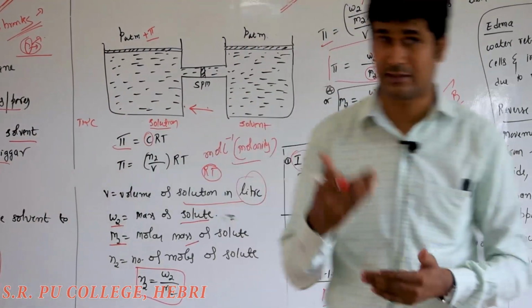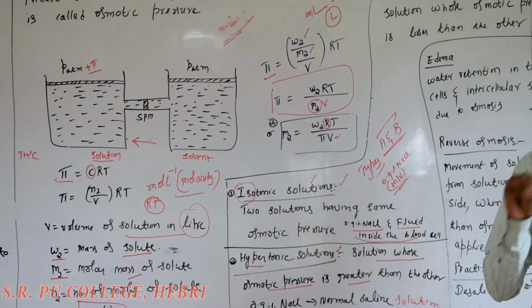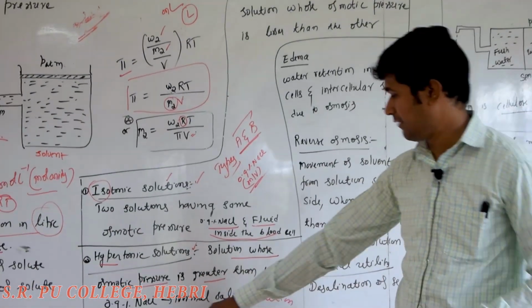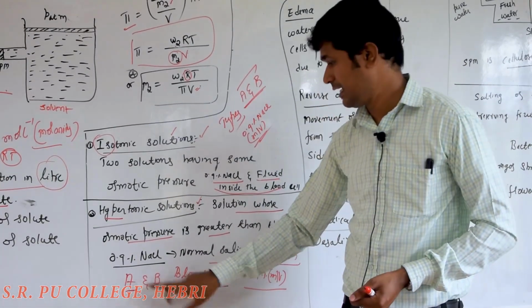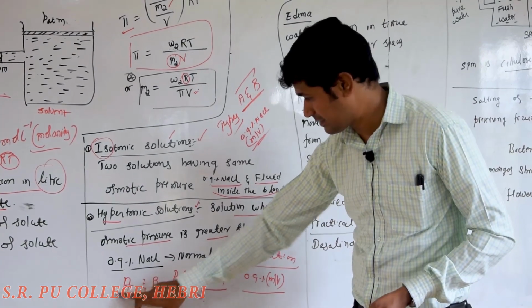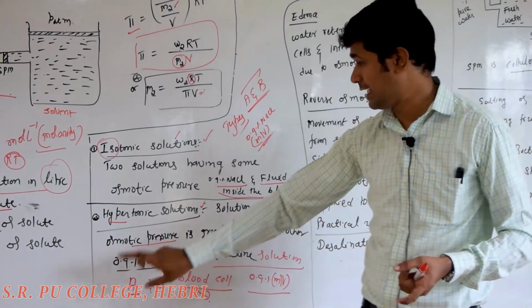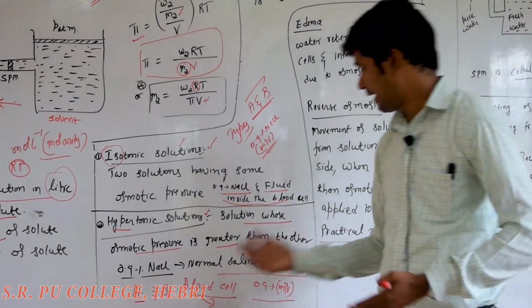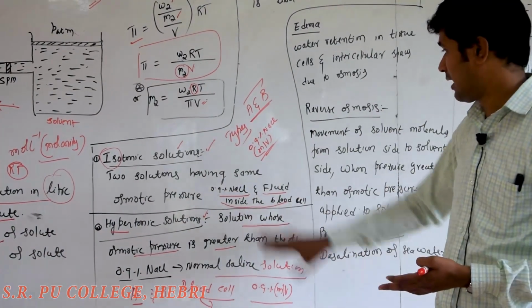Hyper means more. Which should be more than which? The osmotic pressure of the solution given to you should be more than that of the other solution. Here if I take A and B solutions, if A's osmotic pressure is greater than that of B, then it is hypertonic. If they ask for an example, what will you say? Which solution will you give?